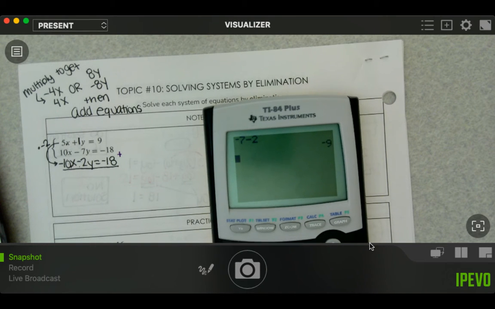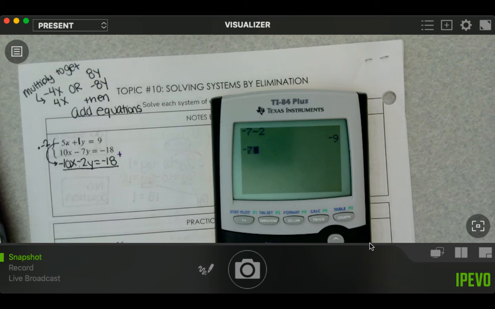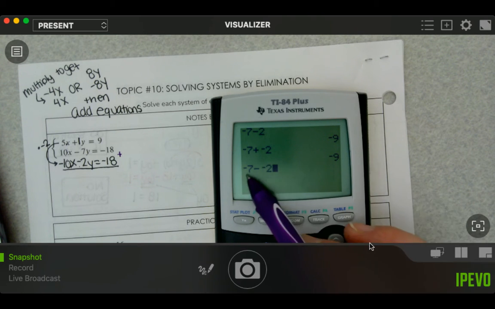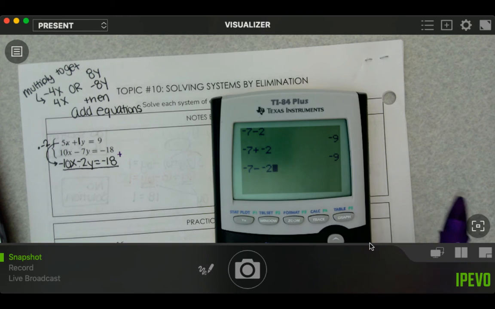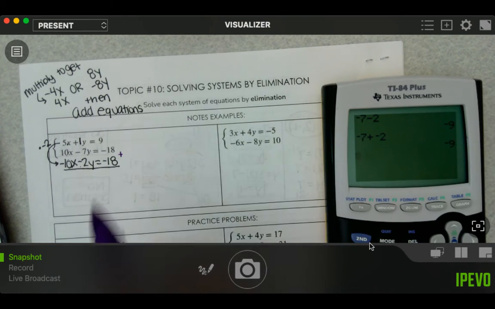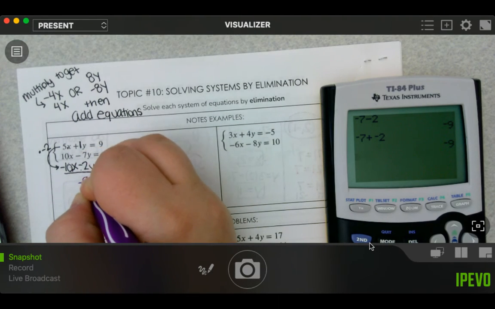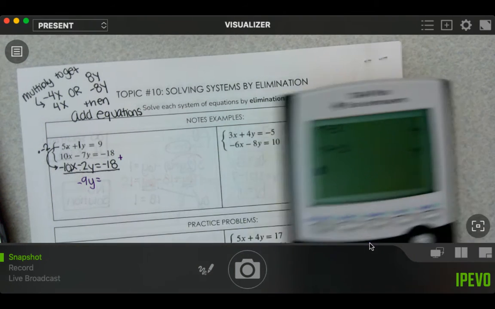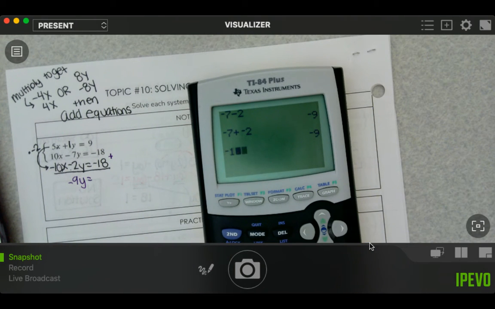which you could either do as negative 7 minus 2 or negative 7 plus negative 2. Remember, what's not okay is to do negative 7 minus negative 2. Nope, don't do that one. So it's negative 9y. And then I need negative 18 plus negative 18, or negative 18 minus 18.